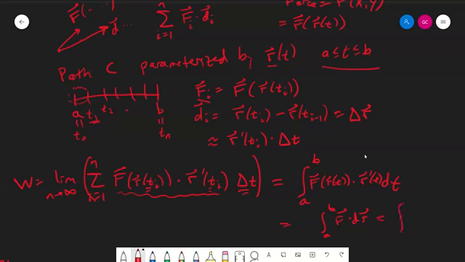What we'll write is the integral along C, where C was just the name of the path, of F dot dr. Okay, but this is just notation. This notation means to do this single variable integral here, and that single variable integral gives you the work that is done by this force vector field along the path C that is parameterized by r.